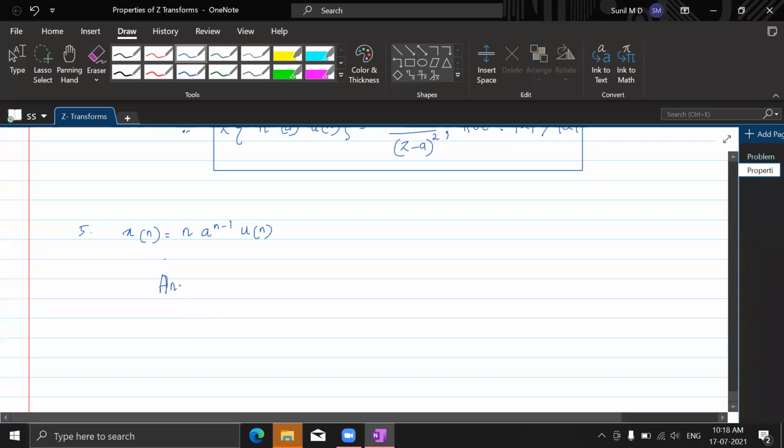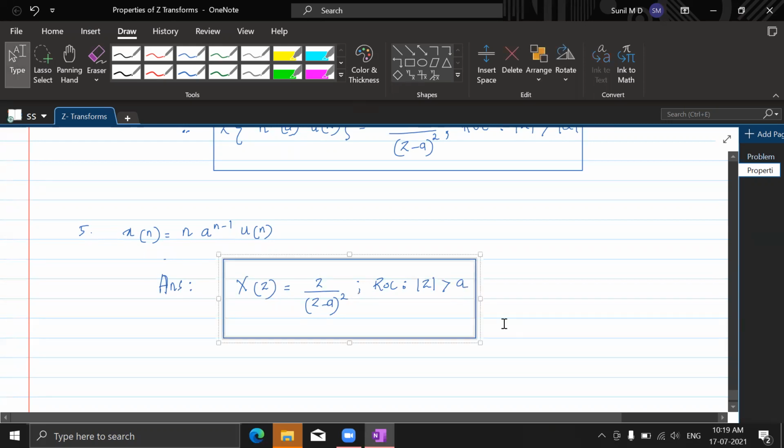Okay. So just do it by yourselves. Okay. The answer is X of z equal to z by z minus a whole square with ROC outside the circle with radius a. This is the answer. You can solve and get this yourselves. Fine.